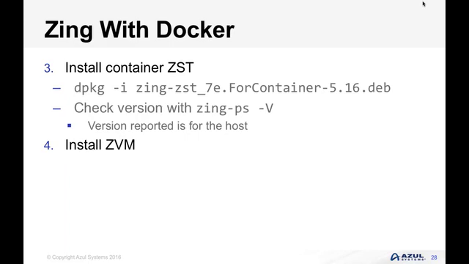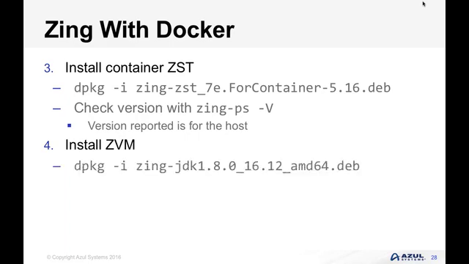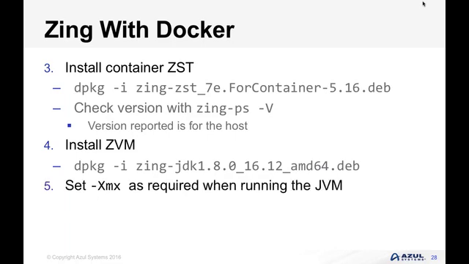Then all you have to do is install the Zing virtual machine, which is again just using dpkg, install that from the Debian archive, and then that will enable you to run the Zing JVM. And then, as I say, set the Xmx as required for the running JVM. So that will set the heap size.